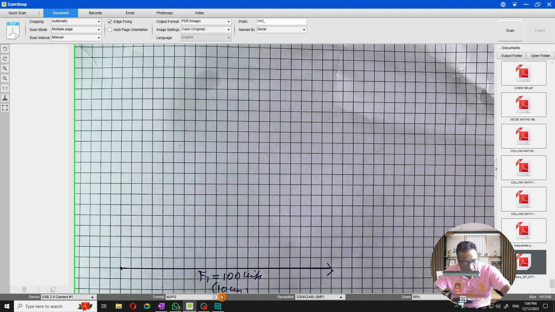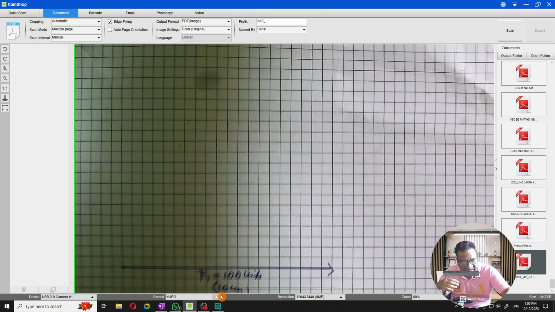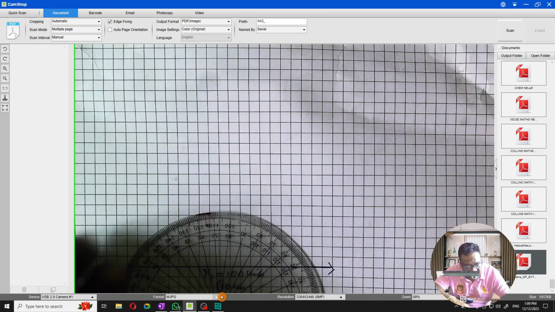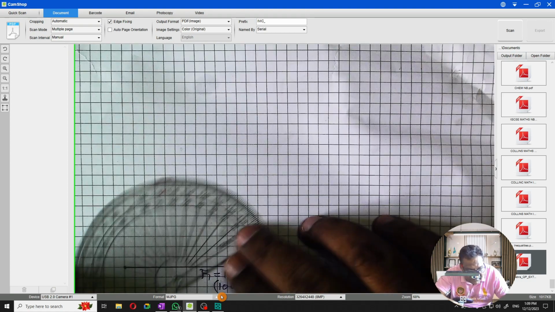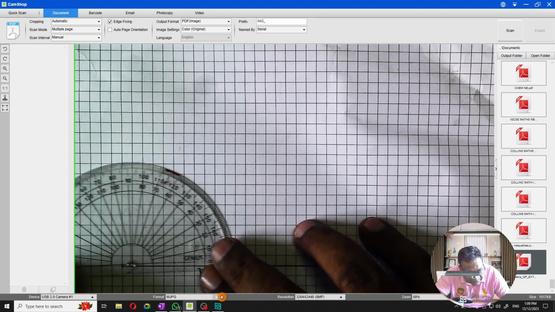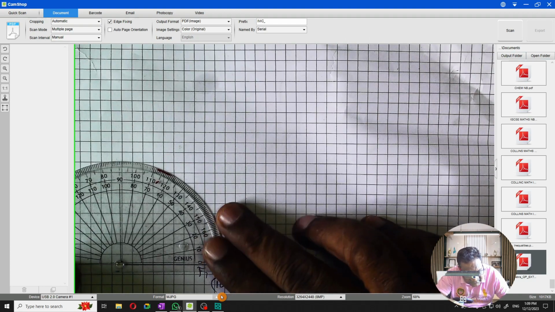Now I'm going to draw another vector F2 which is at 45 degrees to this first one. So I'll keep my protractor this way and measure 45 degrees.